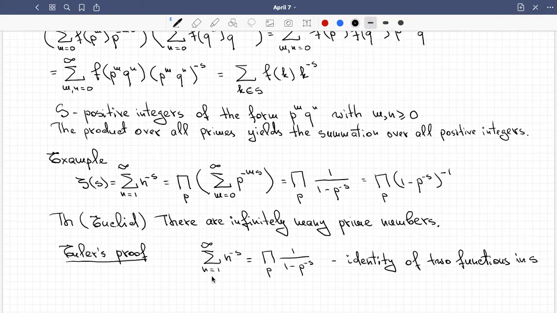This is the same function. So the left-hand side and right-hand side are the same function in s.